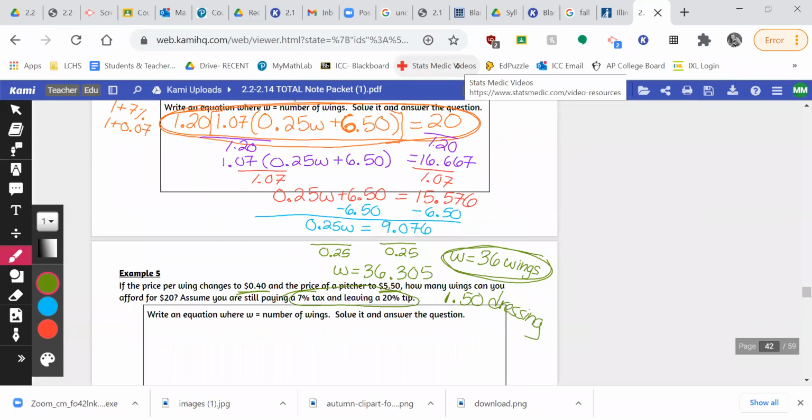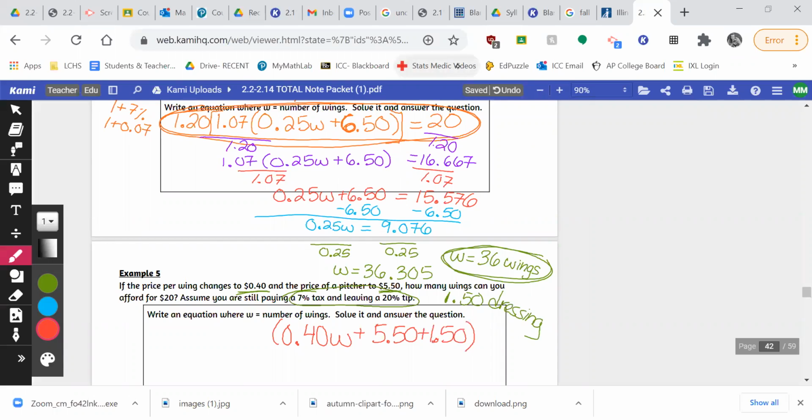I'm going to change that to 0.40W. And now we have plus 5.50 plus $1.50 on the inside. So I just changed the inside to be 40 cents per wing, and I also included the new price of the pitcher and the price of the dressing.